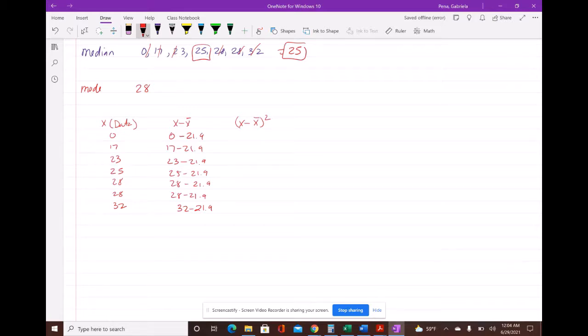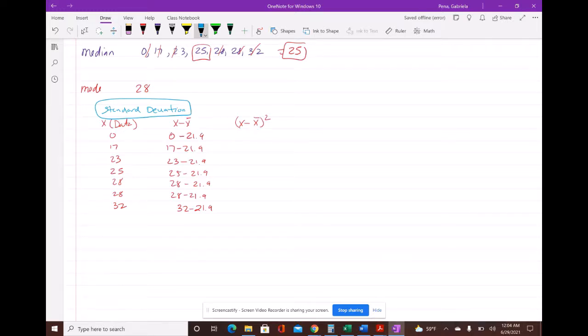So what we're looking for here, this is for your standard deviation. That's what we're doing. The data, which was the numbers, we're subtracting them.